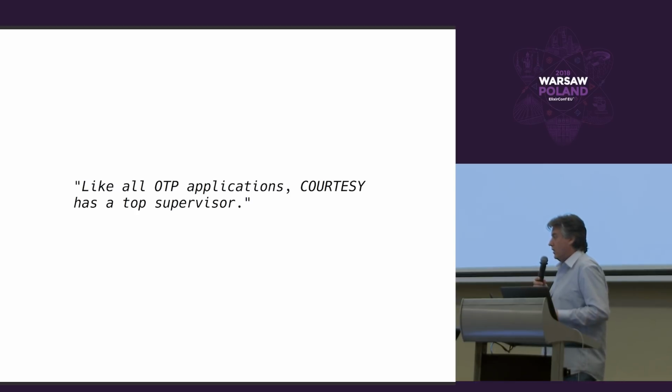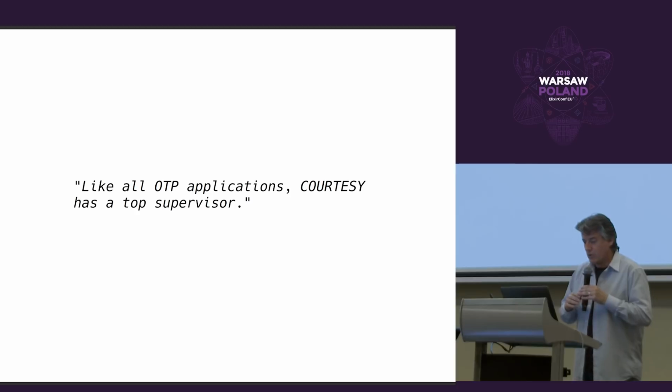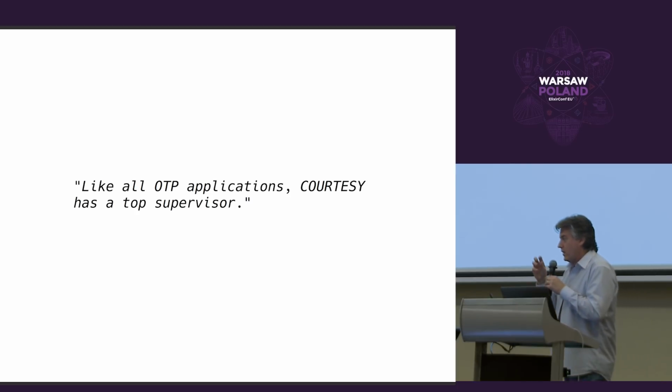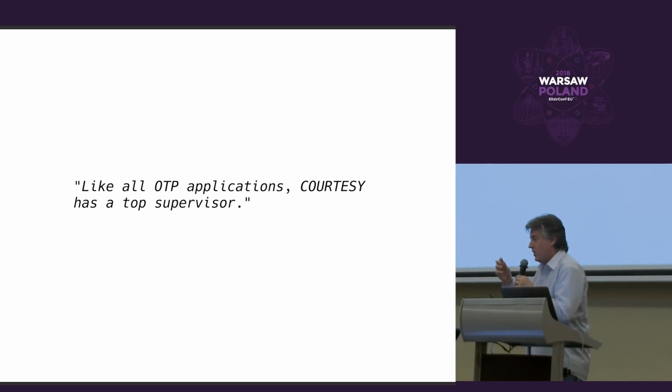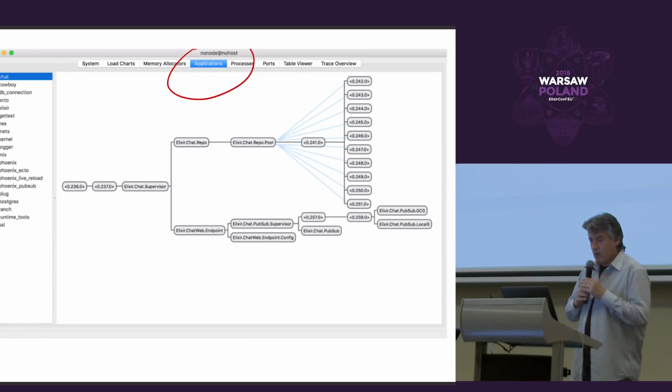Again, this is an abuse of language. Not all OTP applications have a top-level supervisor. So it is like we are missing a word to be able to express ourselves precisely, and that's very important in documentation especially, but also in everyday life, to communicate and be precise about it.